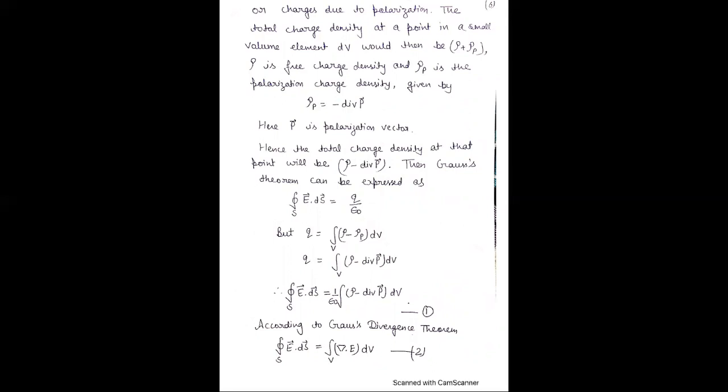Therefore, the total charge density at a point in a small volume element dV would be rho plus rho bound.